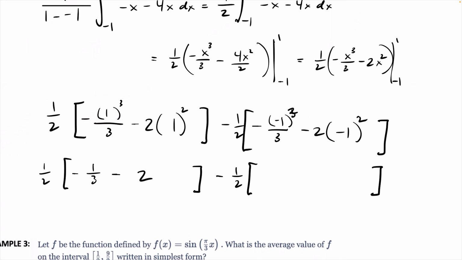Next one. -1 cubed is -1 times the -1 in front, so this guy is going to be positive. And then this guy is also going to be -2. Because -1 cubed is -1 times the negative in front, that's why it's going to be positive.